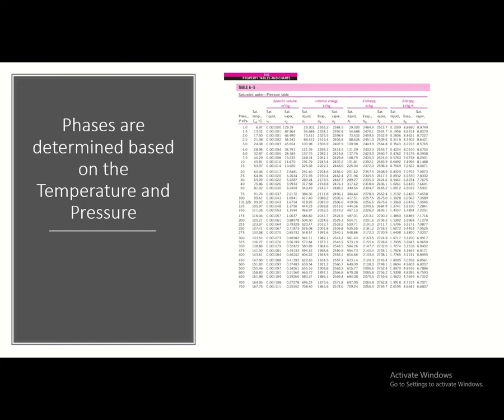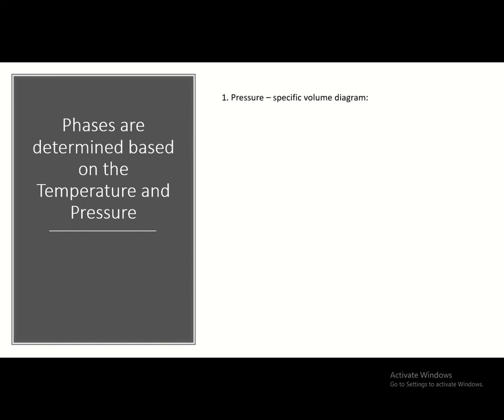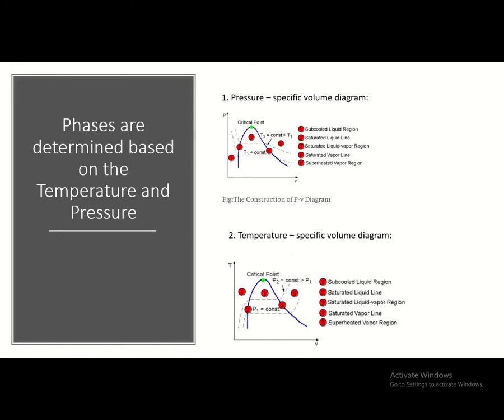In order to represent this relation, we have three types of diagrams. The first one and the second one are pretty much the same. They are the pressure-specific volume diagram and the temperature-specific volume diagram. The only difference between the two diagrams is the position of the pressure and the temperature axis.